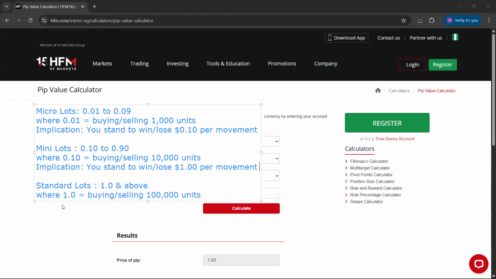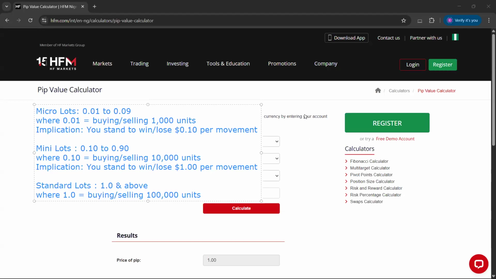The mini lot 0.10 is offering you at least about $1. It is offering you about $1 each.